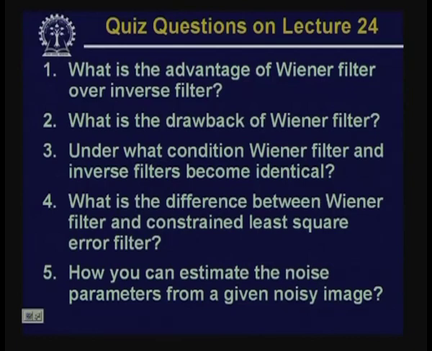Third one, under what condition do Wiener filter and inverse filter become identical? Fourth one, what is the difference between Wiener filter and constrained least square error filter? And the last question, how can you estimate the noise parameters from a given noisy image or from a given blurred image? Thank you.